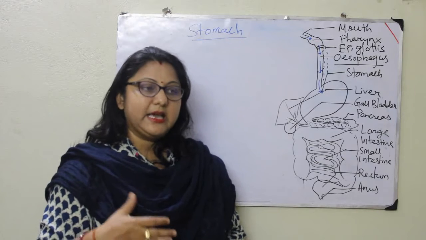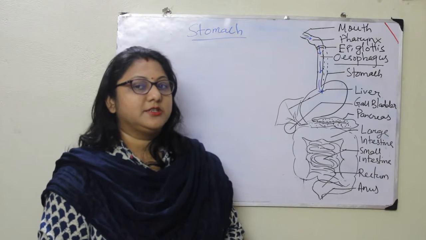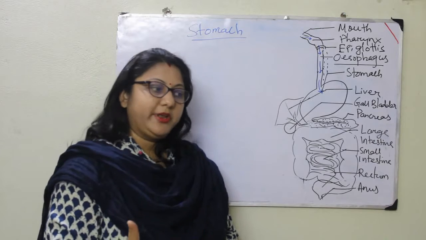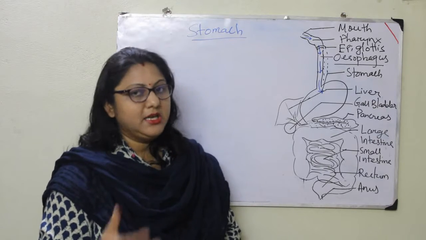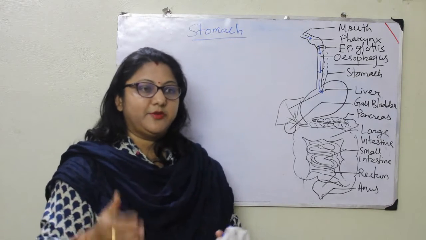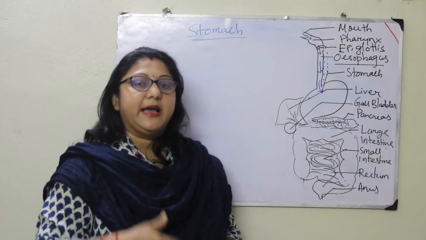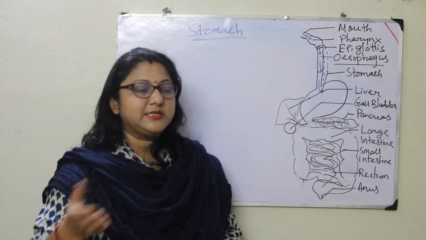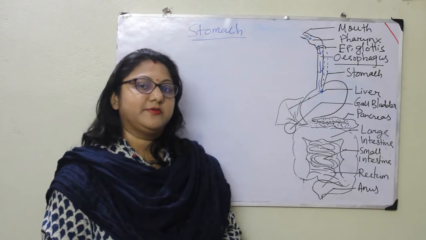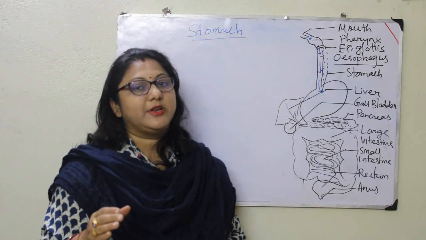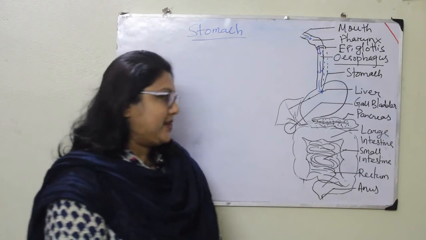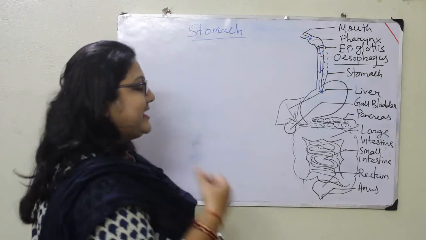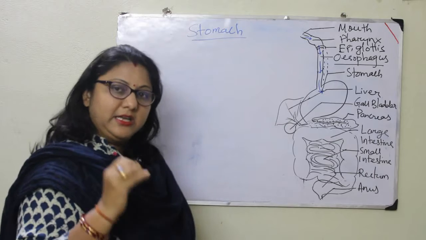So let us see how it carries out the partial digestion. So storing of food definitely happens in the stomach. So for some time the food remains in the stomach and then partial digestion takes place. Then later it is sent into the next part of the alimentary canal, which is known as the small intestine.